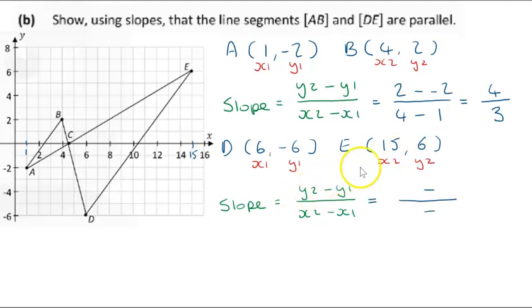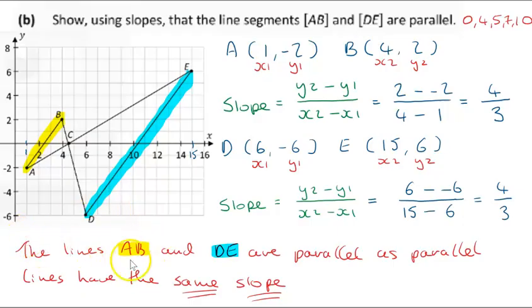So y2 is 6, then minus, and then y1 is -6, so we have 6 minus -6, and then x2 is 15, minus, and x1 is 6. Then we simplify. 6 minus -6 is 6 plus 6, which is 12, and 15 minus 6 is 9, and 12 divided by 9 is 4/3.